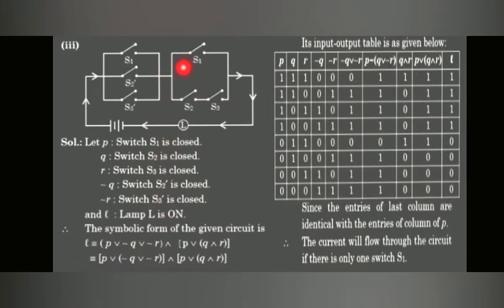In bracket, this is P or Q or R. Now again this negation Q or R, write in bracket. See here, P or negation Q or R. Second step, P or in bracket negation Q or negation R, and P or negation P or Q and R.